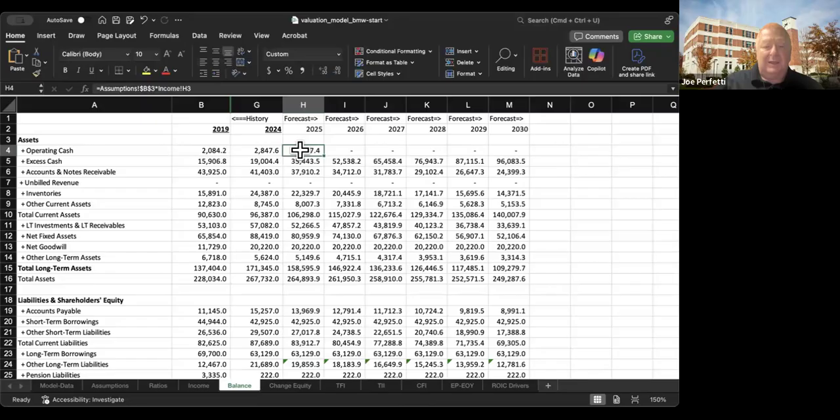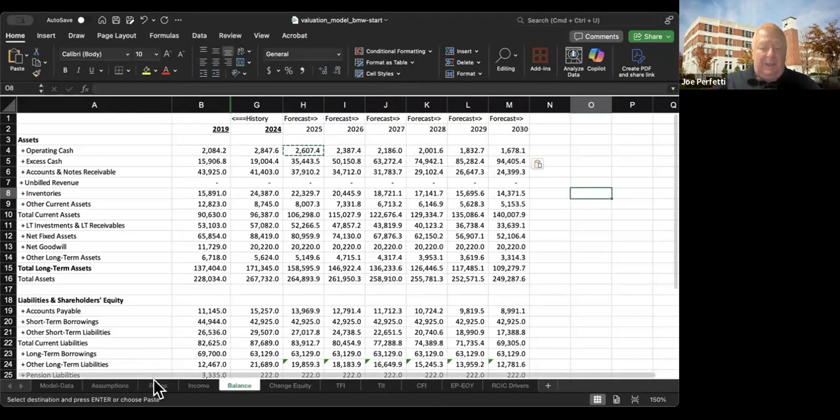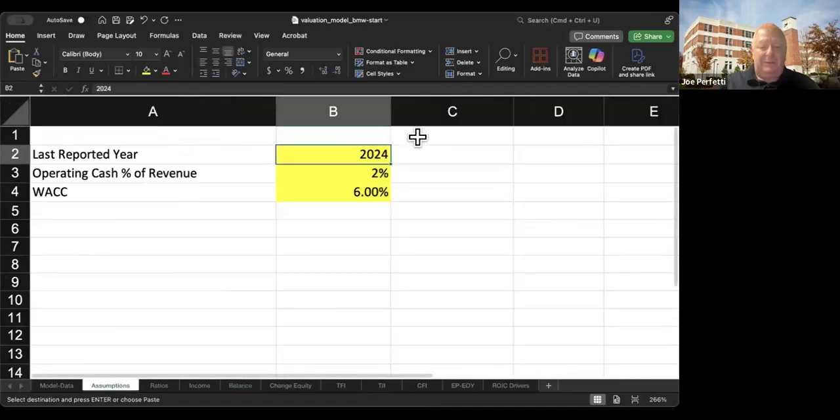And then take cell H4, copy it, and paste it over to column M. Problem is that when you copy and paste operating cash as percentage of revenue, it'll do C2, D2, or C3, D3, E3, etc. when you copy and paste this across. Problem is there's no numbers there.